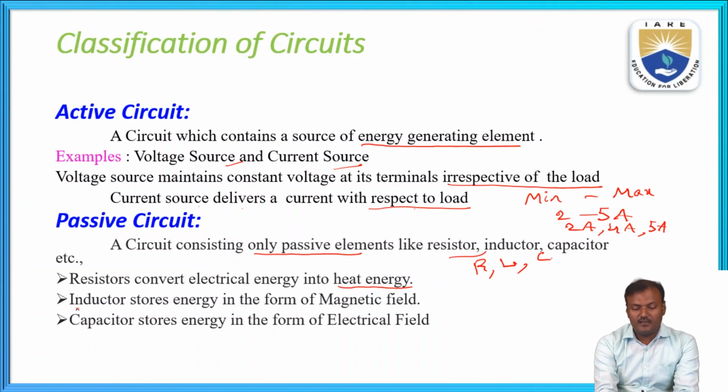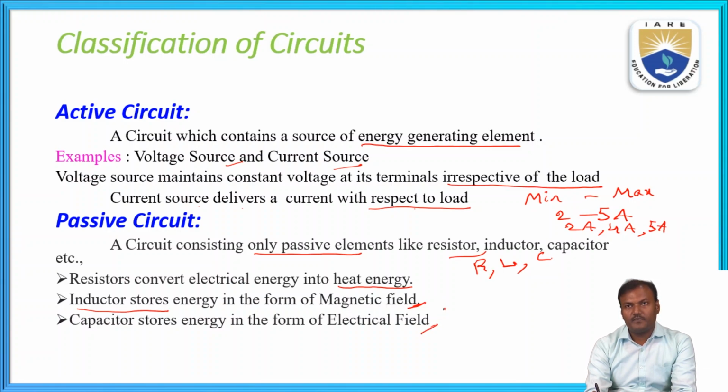Inductor stores energy in the form of a magnetic field. And capacitor stores energy in the form of an electrical field. So these are the three differences of R, L, and C.